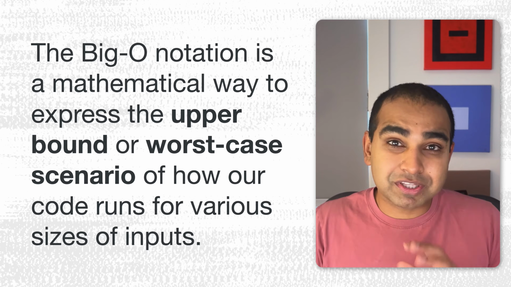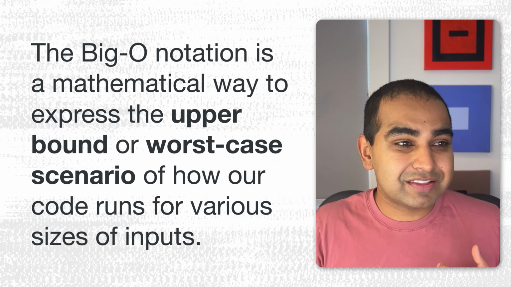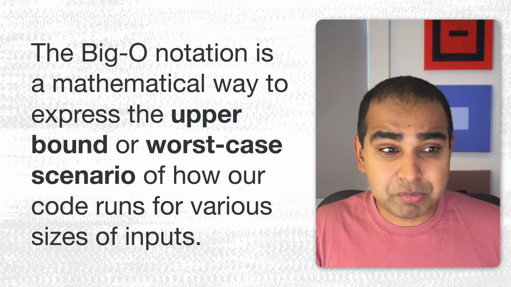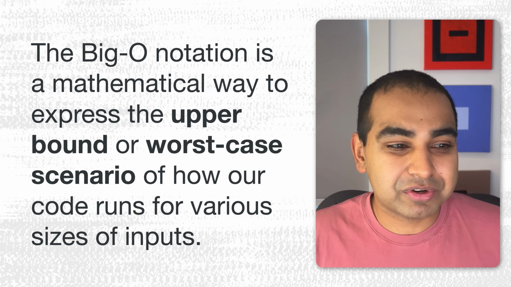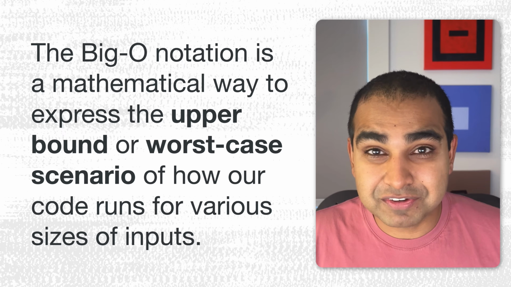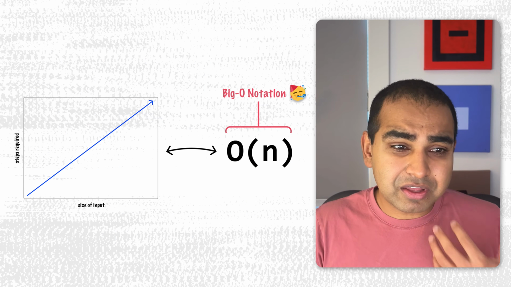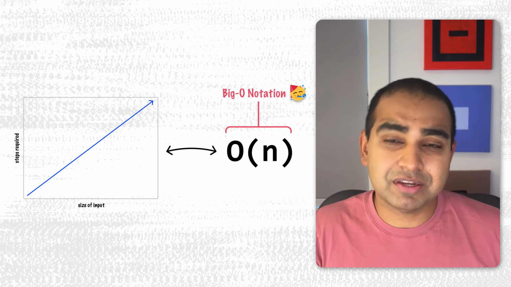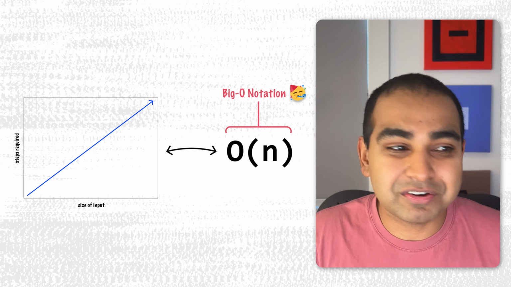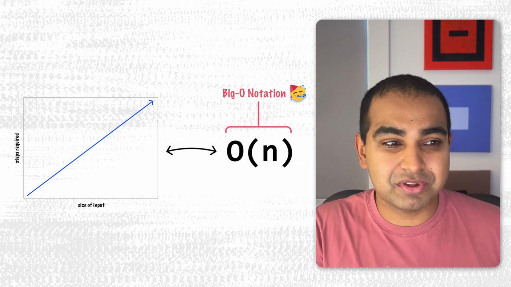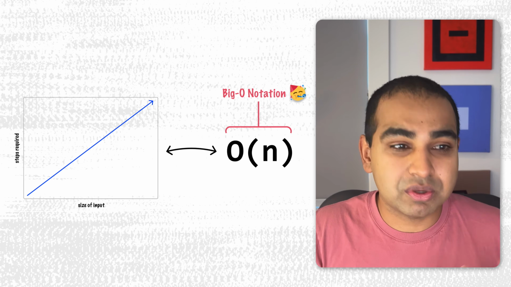Now, a formal definition of the Big-O notation is that it is a mathematical way to represent the upper bound or worst case scenario of how our code runs for a variety of different inputs. And so here's the way Big-O notation is represented. Earlier, we saw an example of the chart of linear growth. We saw the size of input, steps required, and we saw the line was increasing in a one-to-one mapping.